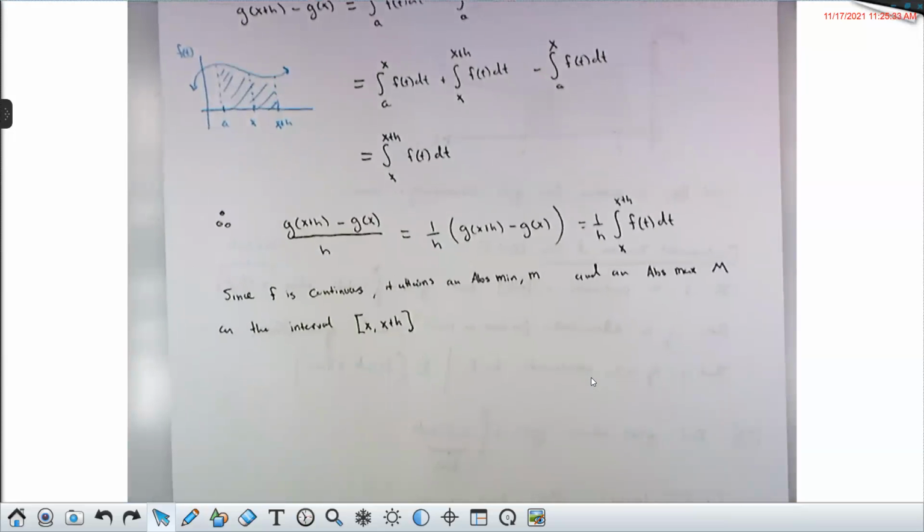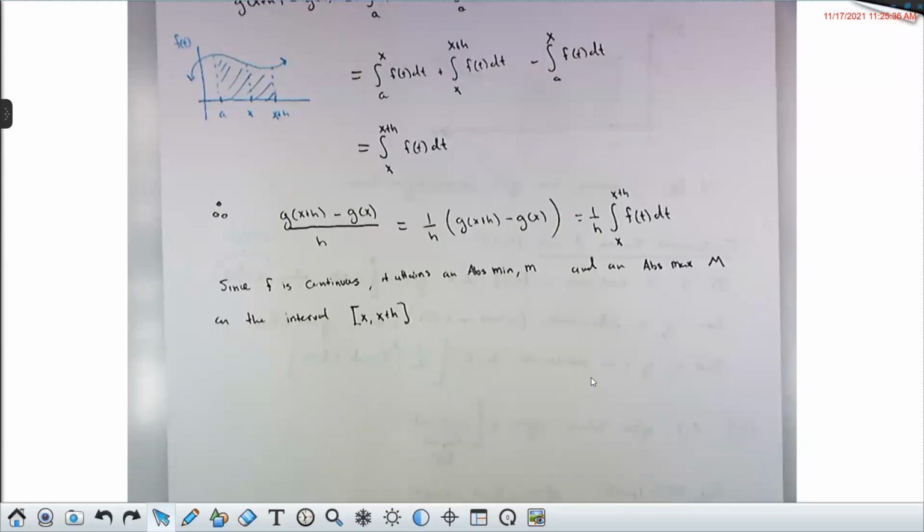And yes, there is some subtle stuff that we would need to be careful about. Again, if h is negative, you'd have to split the argument into cases. So for our purposes here, go ahead and assume h is positive.